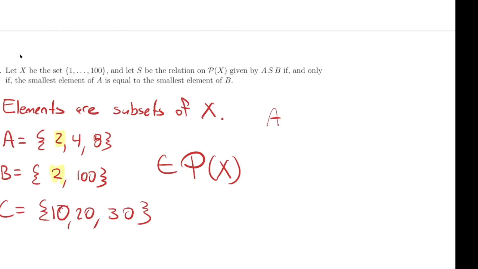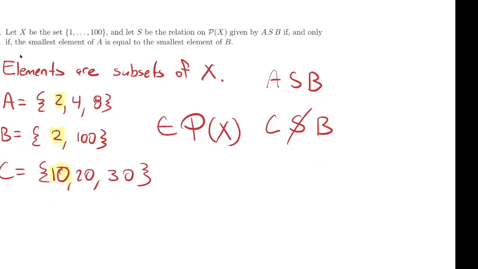So here we would say that A is related to B. Whereas C is not related to B since they have different smallest elements. So that's what this map is doing. Any questions about how we define that?